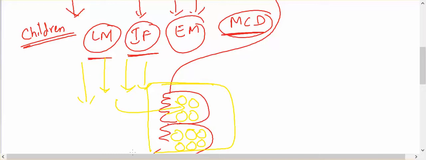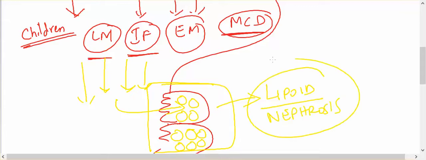They saw a lot of fat in the tubular epithelium, and they thought it was maybe some fat disease, some lipid metabolism problem, so they gave the name lipoid nephrosis. Understand? They gave the name lipoid nephrosis.